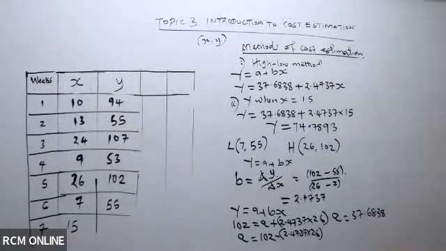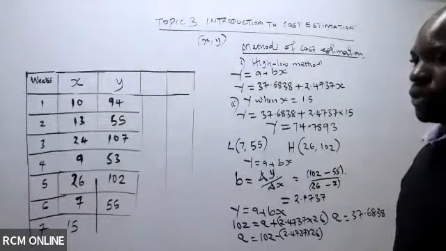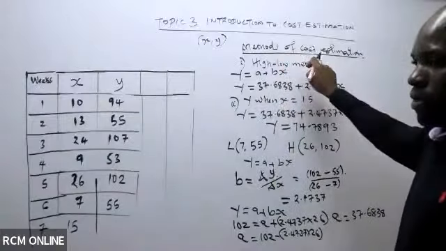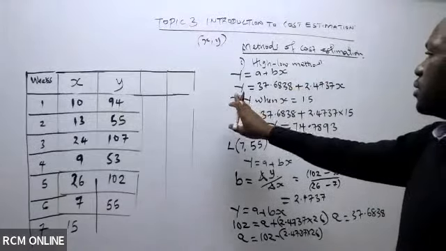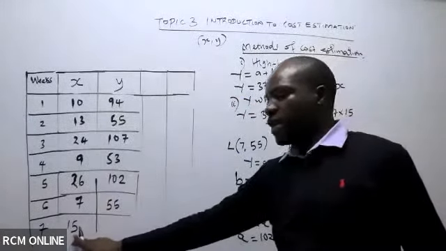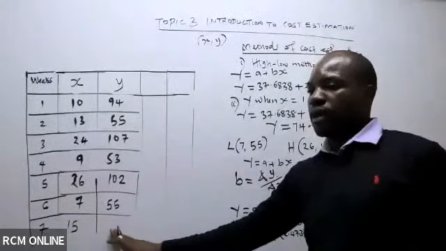74.7893. Good. That's what we are having. Now, that is what you are supposed to do when you are told to come up with a cost function using the high-low method. And of course, Roman 2 part of it is where you are given now the estimated value of x and use it to give us the value of y, right?